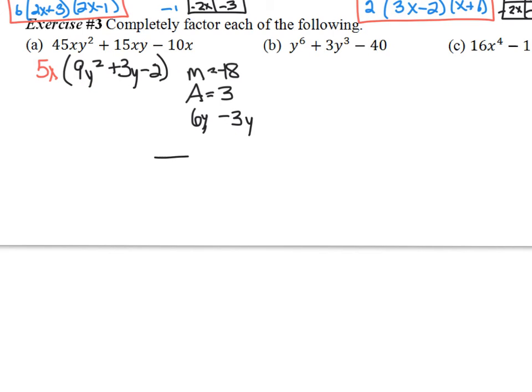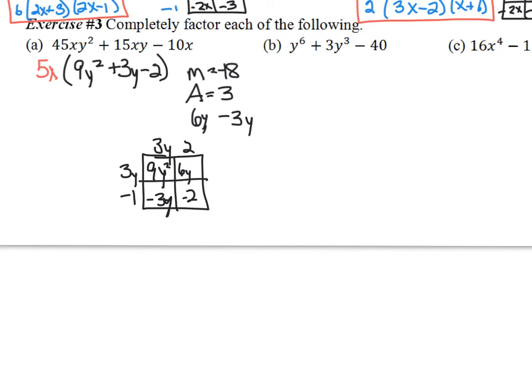So let's go ahead and do the box for that trinomial. So I've got 9y squared, 6y, negative 3y, and negative 2. From my first row, I'm going to take out a 3y. From the second row, a negative 1. First column, 3y.